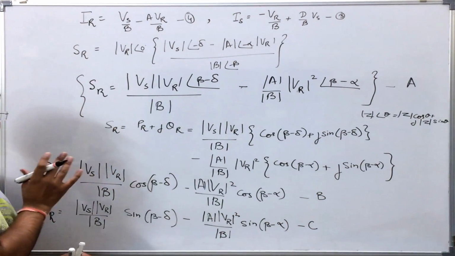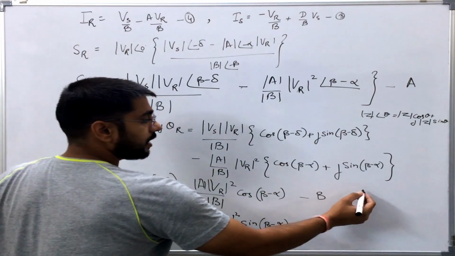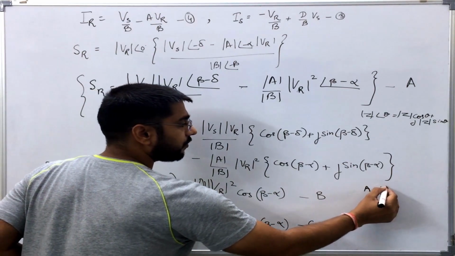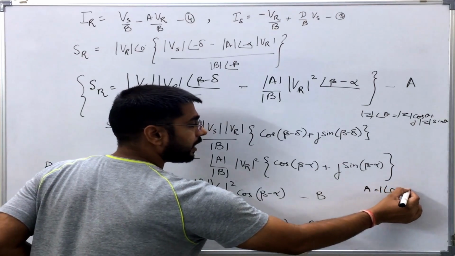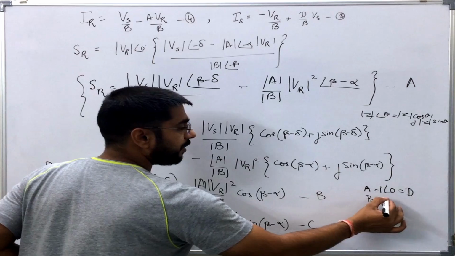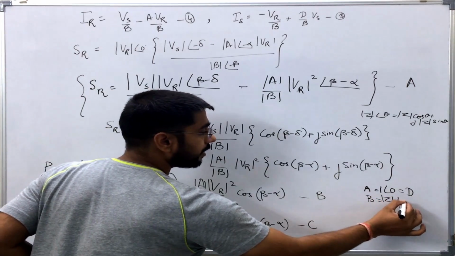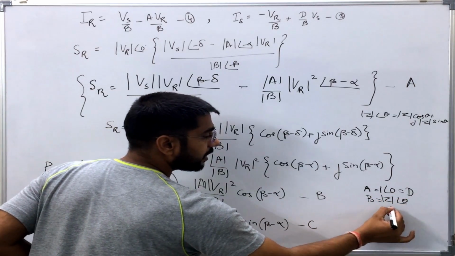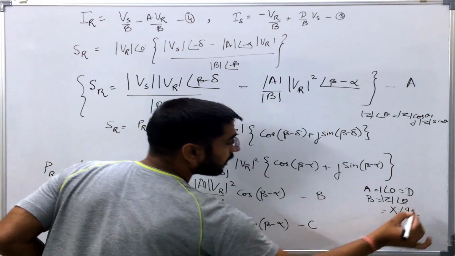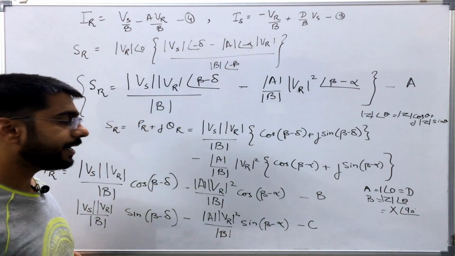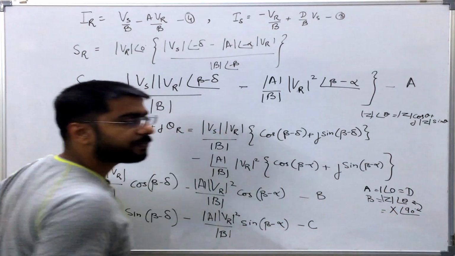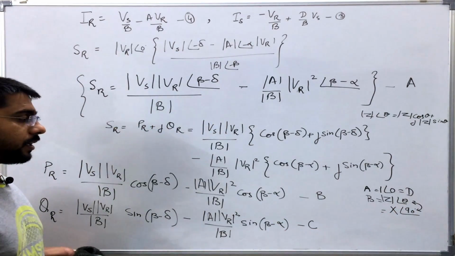Now for a short transmission line, the value of A is usually equal to 1 angle 0 and it is equal to D, and B is simply the impedance of the line, which is usually reactive in nature, and I can write it as X angle 90 degree. That is, theta is usually 90 degree for a practical transmission line.